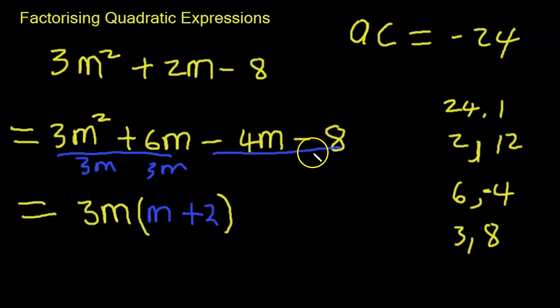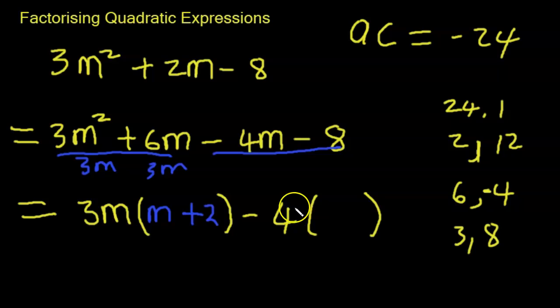Here, the second group. What's our common factor? Well, if you notice, the expression begins with a negative term, so we factor out a negative number. For 4 and 8, so negative 4. And now we need our terms for the bracket. And how do we get these terms?